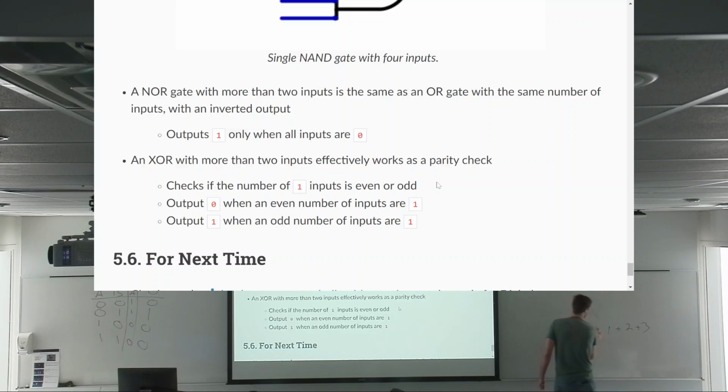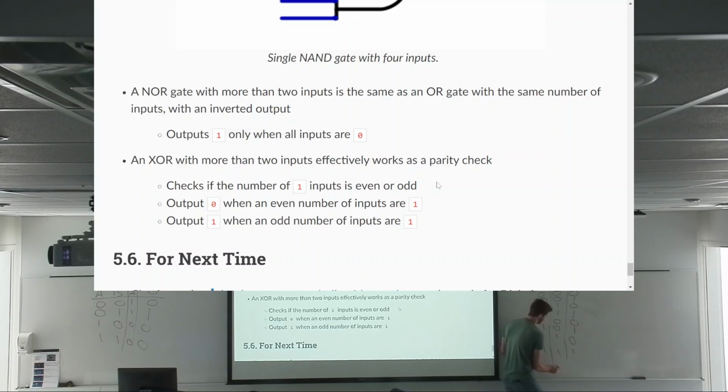like this. Let's draw it out. A, B, and C. All right, you ready? 0, 0, 0, 0, 0, 1, 0, 1, 0, 0, 1, 1, 1, 0, 0, 1, 0, 1, 1, 1, 0, 1, 1, 1.